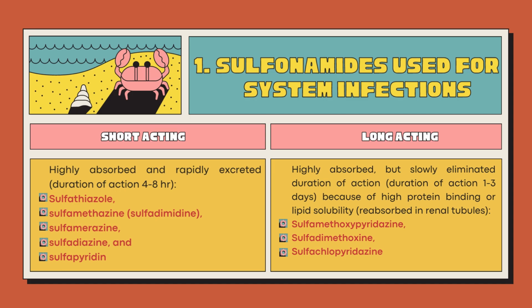Examples of drugs under these short acting sulfonamides include sulfathiazole, sulfamethazine or sulfadimidine, sulfamerazine, sulfadiazine, and sulfapyridine. Meanwhile, long-acting sulfonamides are highly absorbed but slowly eliminated, with a duration of action of 1 to 3 days, because of high protein binding or lipid solubility, and they are reabsorbed in renal tubules.